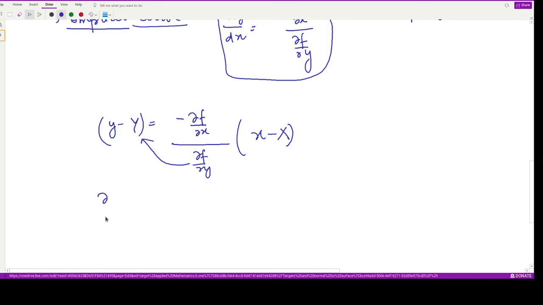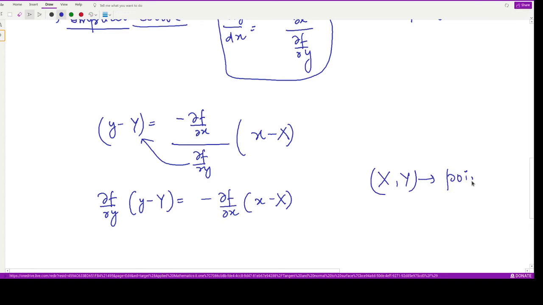So you'll have del f by del y into y minus capital Y is equal to minus del f by del x into x minus capital X, where capital X and capital Y are the given point.